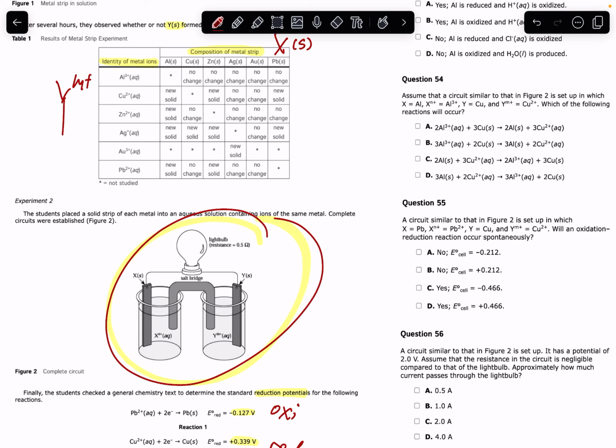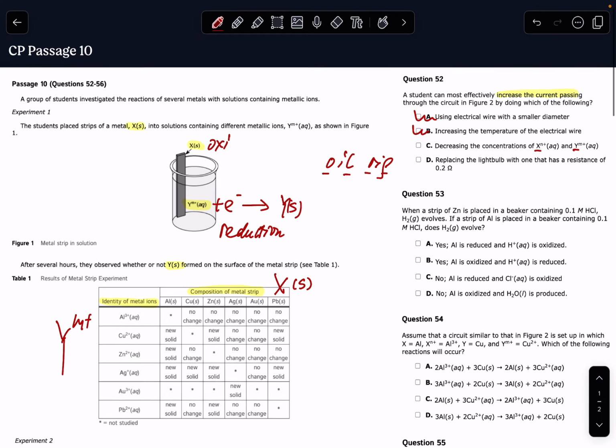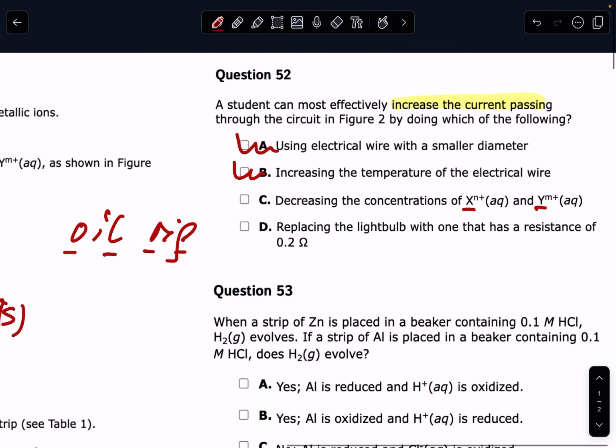And this will decrease the electron flow if it was a spontaneous redox reaction. So decreasing the concentration, aka decreasing the reaction, will decrease the electron flow, and then that will decrease my current passing instead of increasing it. So I think C is probably not again. And then let's read D, hoping that it's a better answer.